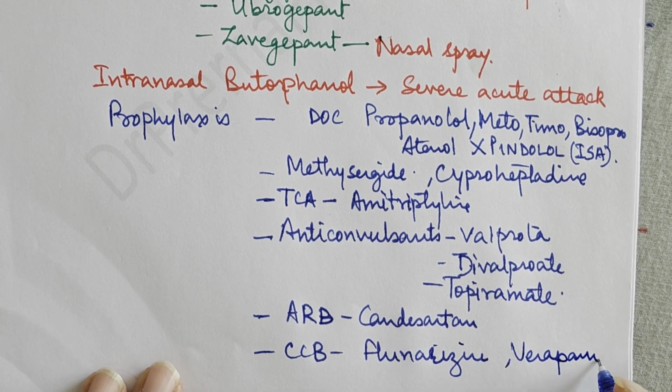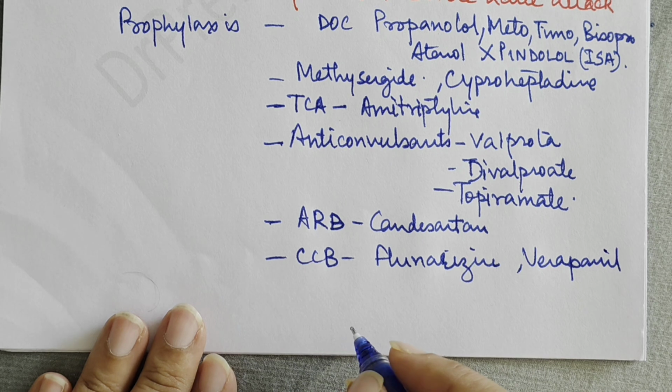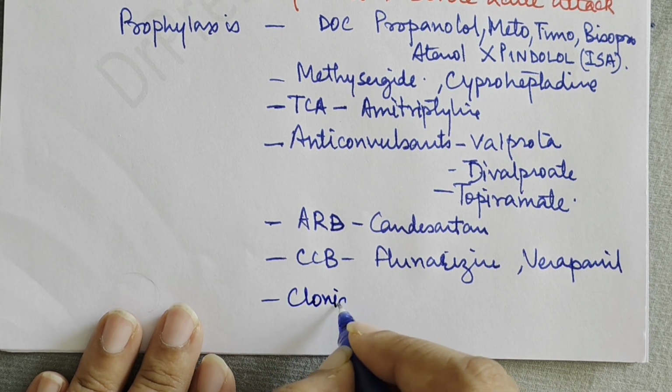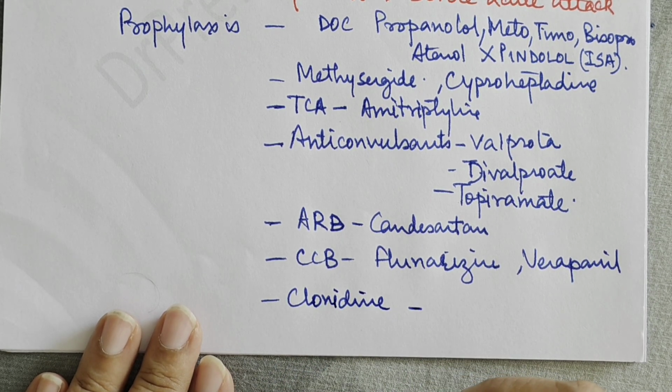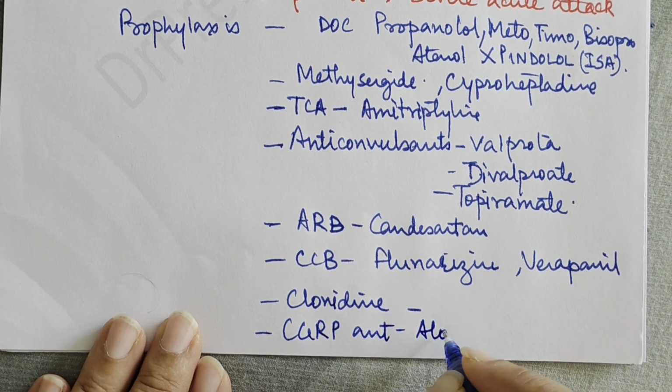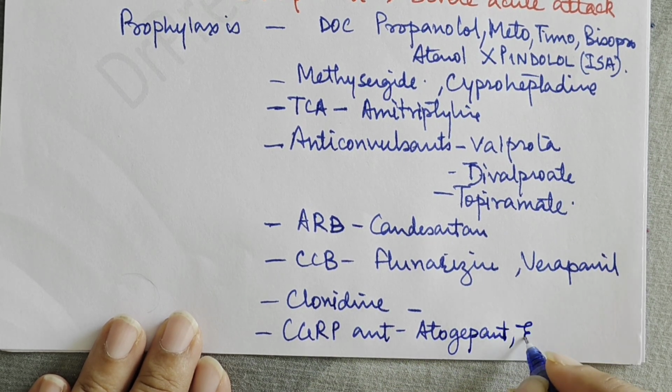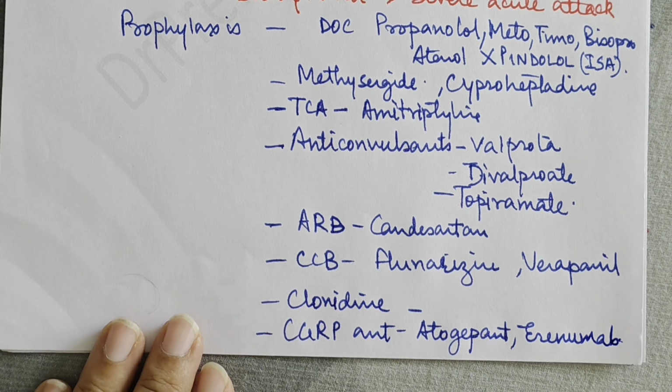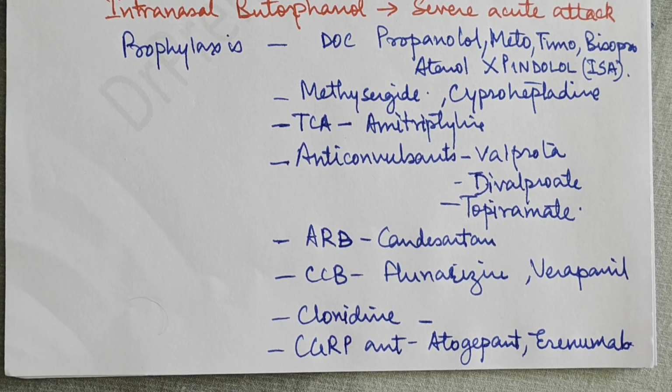Verapamil can be used. Okay. Then clonidine is said to have an effect in the migraine prophylaxis. Then CGRP antagonist, as I said, atogepant and erinumab, right? So these are the drugs which are used in the prophylaxis of migraine therapy. A lot of drugs are there, and please remember all of them, because you get a question, following drugs can be given as in prophylaxis of migraine except.